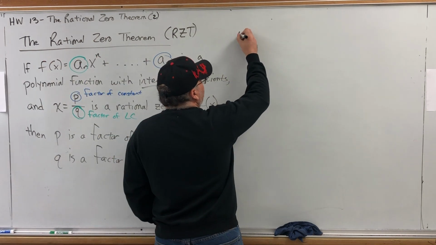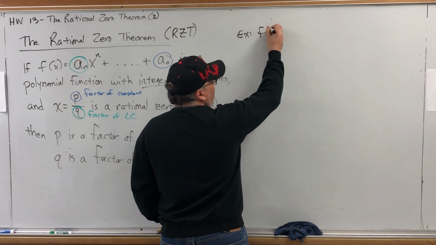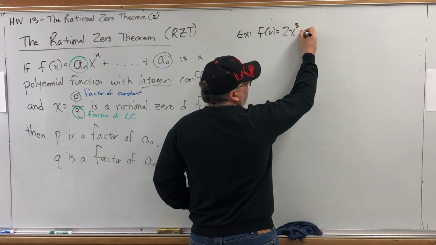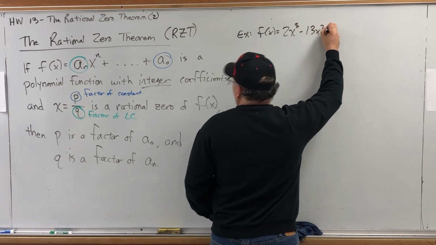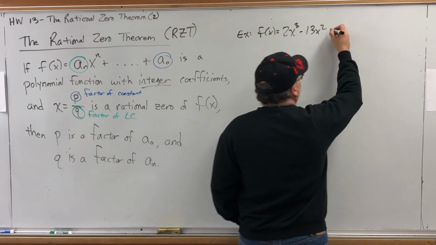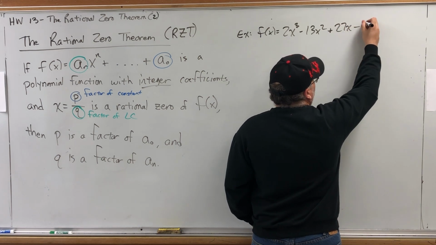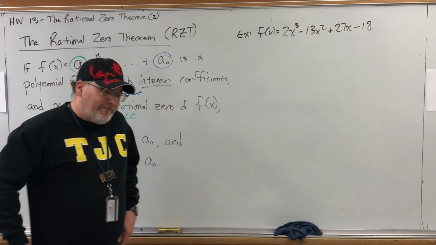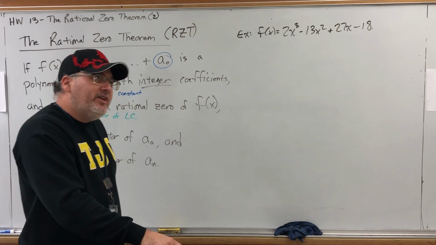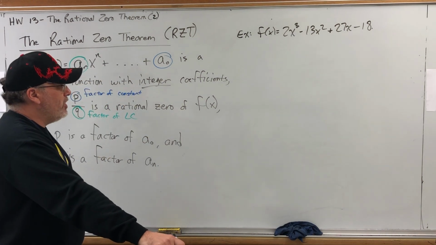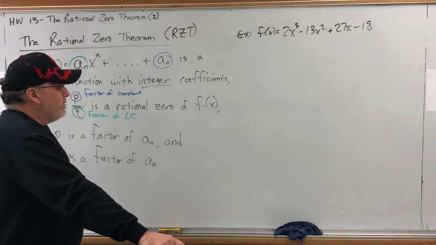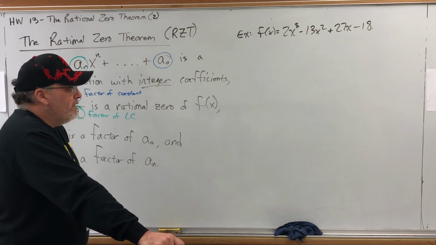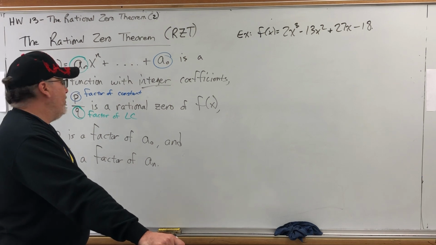Well, let's go back to the function that we saw previously. F of x equals 2x to the third power minus 13x squared plus 27x minus 18. And let's say I was going to ask you to find the zeros without giving you the hint that I gave you in the previous video. In order to not just guess numbers at random and hope to get lucky, we need to narrow our guesses down.